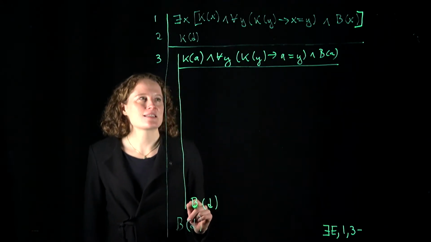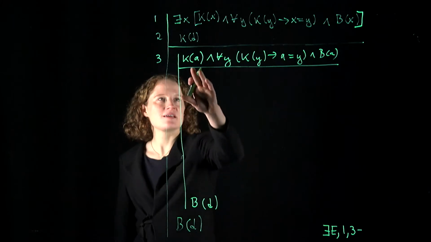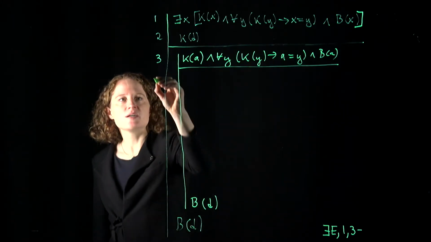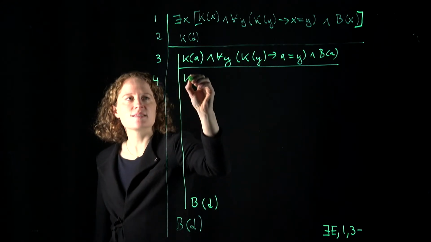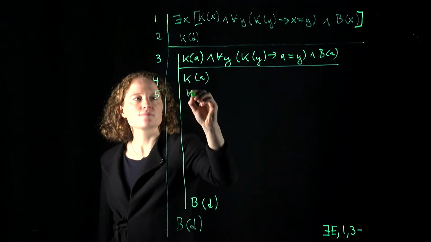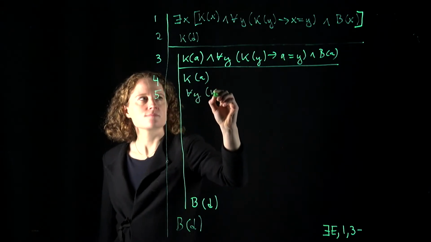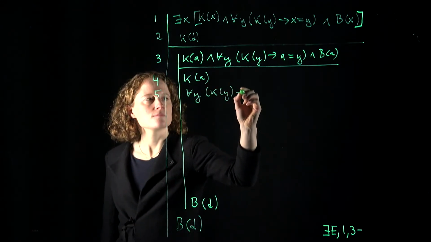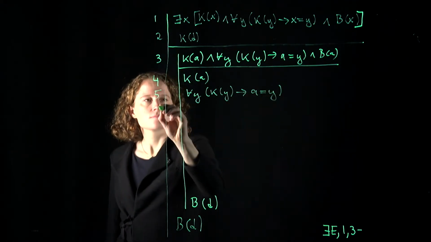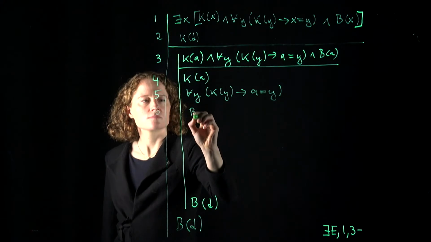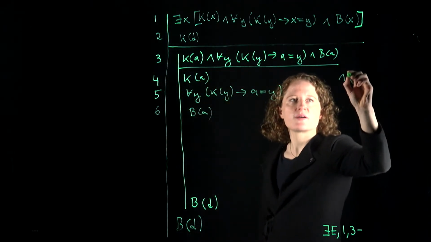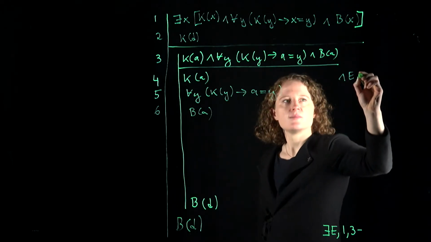Now, in the next step, I'm going to observe that here we have a long conjunction with 3 conjuncts. So I'll just make my life easier and simply separate these 3 conjuncts. Each of these steps is justified by conjunction elimination applied to line 3.